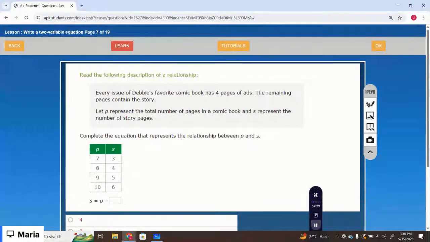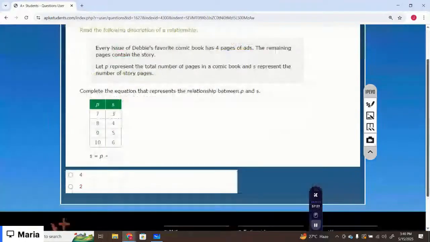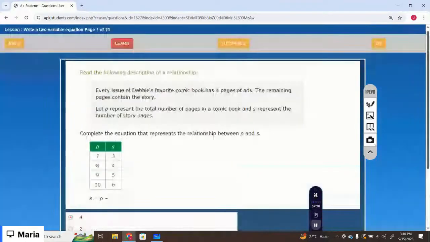The correct option is S equals P minus 4. Option number 1 is the correct option. Okay, you can complete that exam by yourself right away.